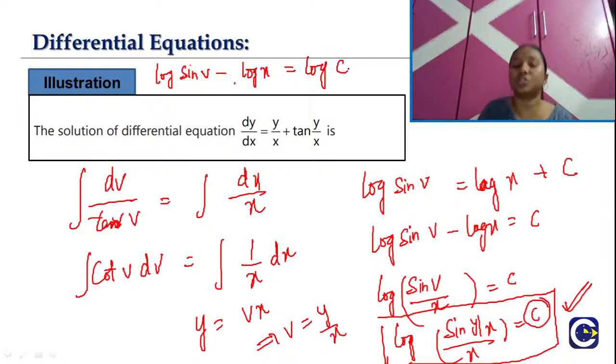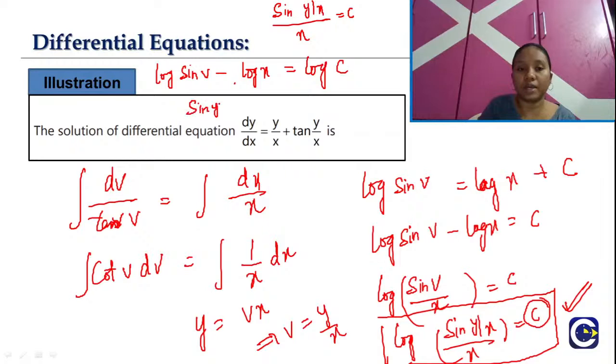That's why we can write it as log c. Then the entire log will be eliminated, so we end up having the solution sin of y by x is equal to c x, which implies that sin of y by x will be equal to cx.